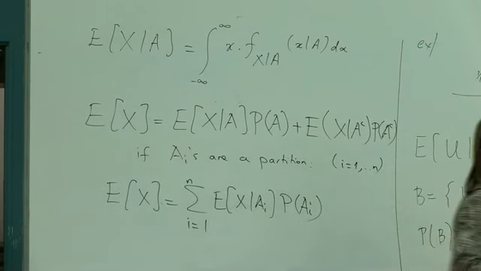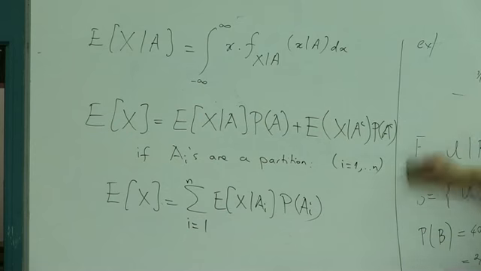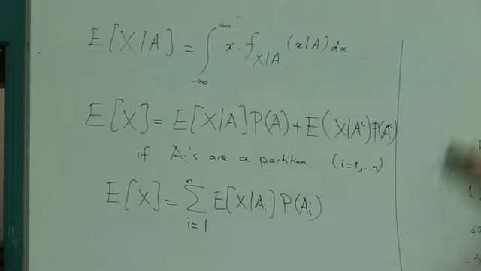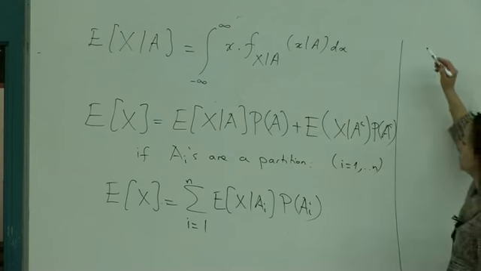All this is just like a review, so I'm not dwelling too much over them unless you have questions, because we proved all of these and used all of these in the discrete case. Similarly, for completeness, let's write the expectation of g of x.